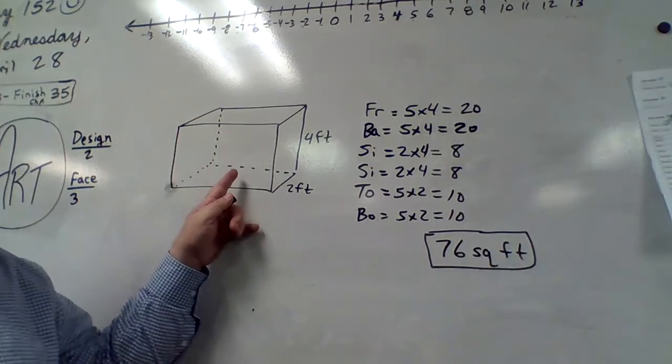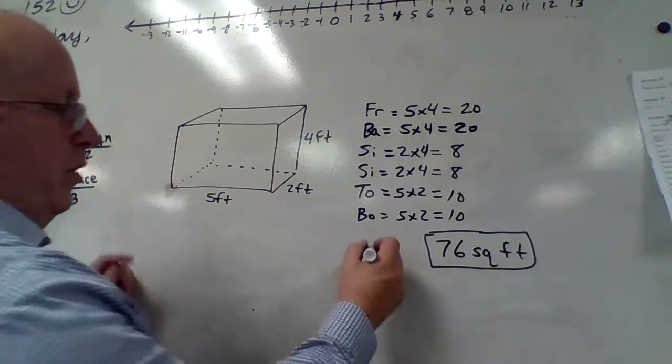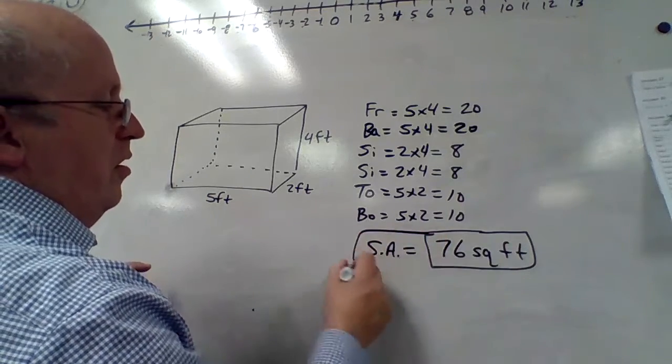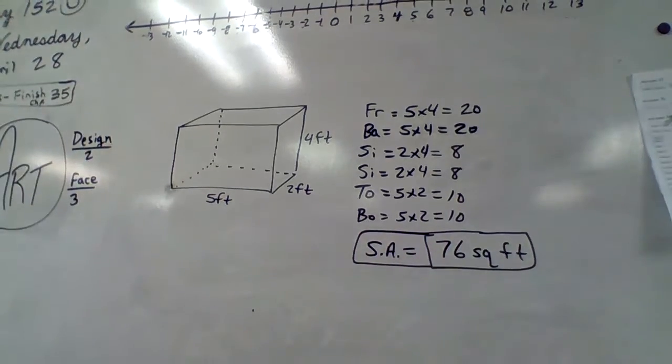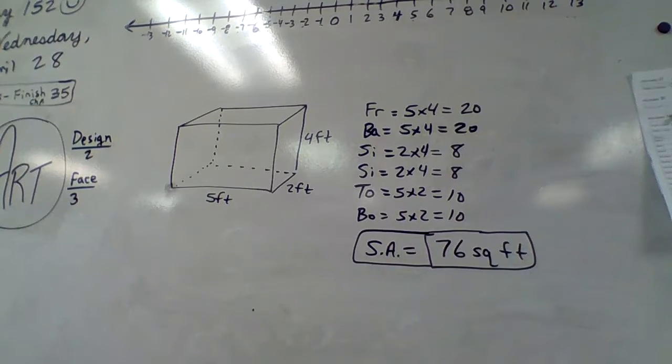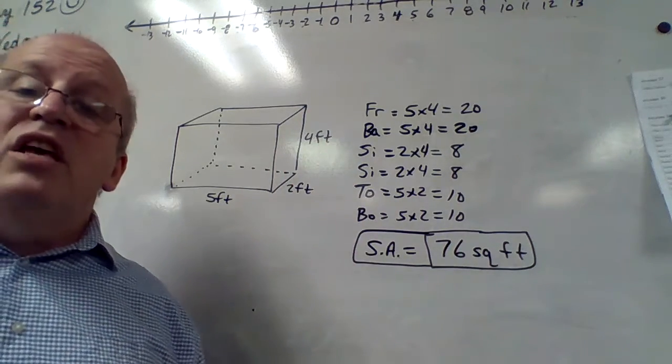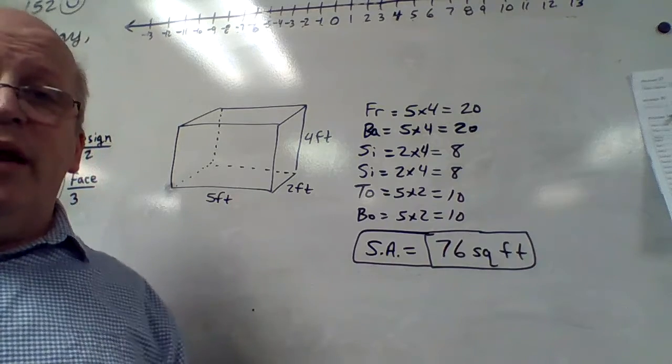This shape has a total surface area. I'm going to write that as SA for surface area. It has a total surface area of 76 square feet. Okay. What did I do? I just figured out the areas of each of the 6 faces, and then I added them up.